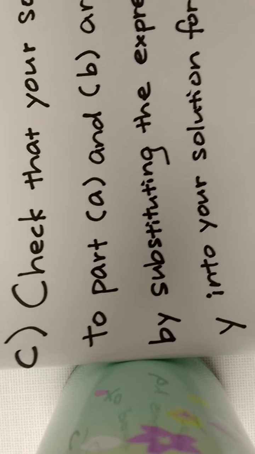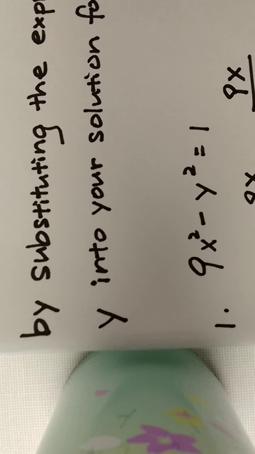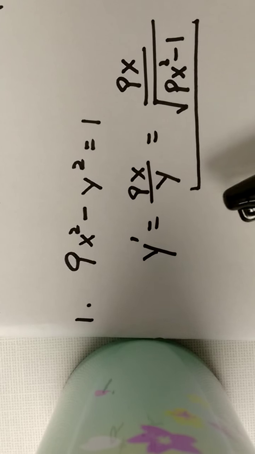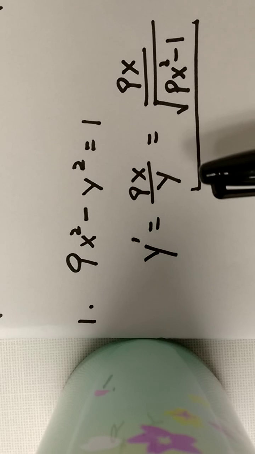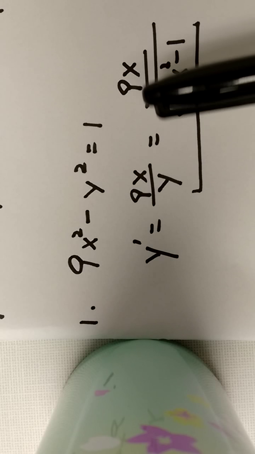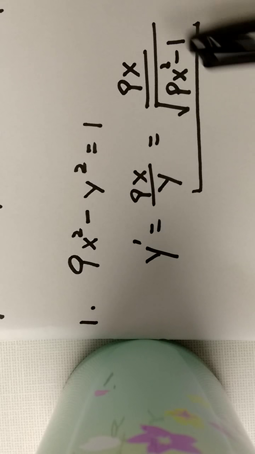The third and final part of this question is to check that your solutions to part A and B are consistent by substituting the expression for y into your solution for part A. So in part A, we get y prime equals 9x over y, and in part B, we get y prime equals 9x over the square root of 9x squared minus 1.